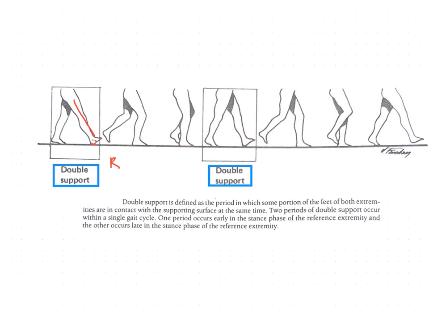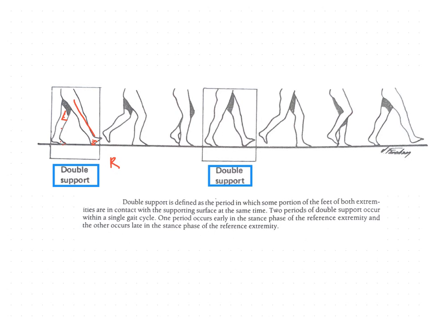But here we are getting two double supports in this period. This one is the initial contact of the right leg, but if you consider the left leg, that is the starting point of its swing phase. So we are getting two points of double support.